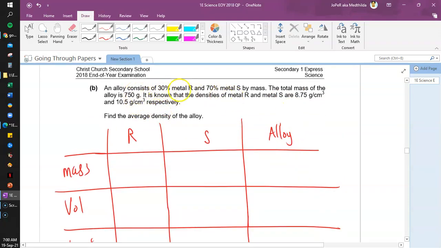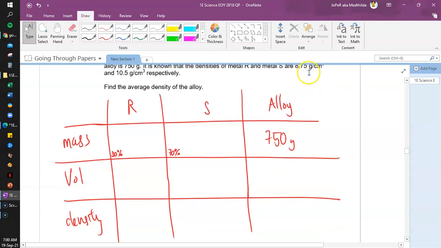I know the alloy consists of 30% metal R and 70% metal S by mass. So R is 30% of the total alloy mass, S is 70% of the total alloy mass, and I know based on the next part the total mass is 750 grams. Next, the density of metal R is 8.75 gram per cm cube, and S is 10.5 gram per cm cube. That's all the details I have so far.